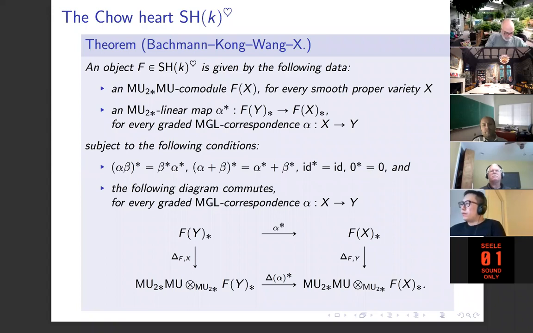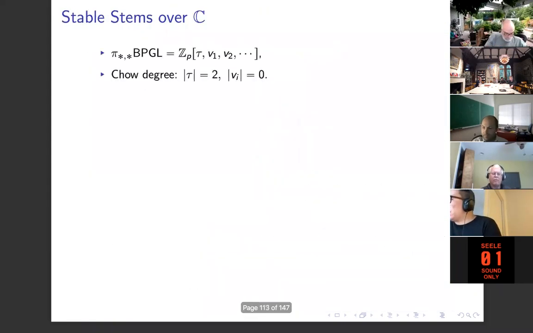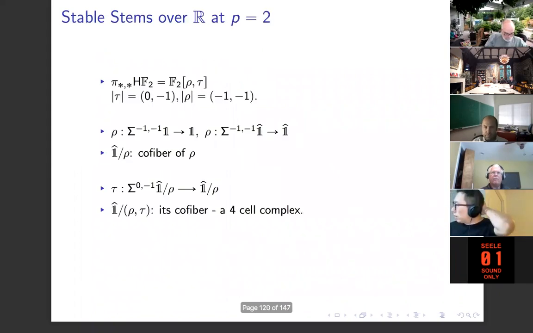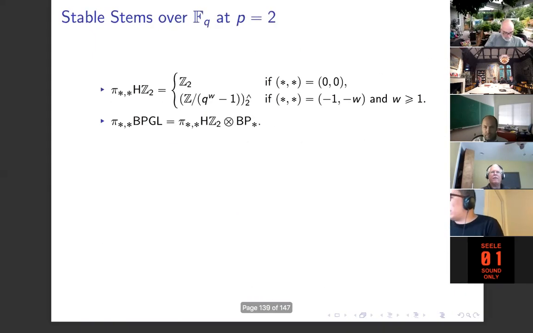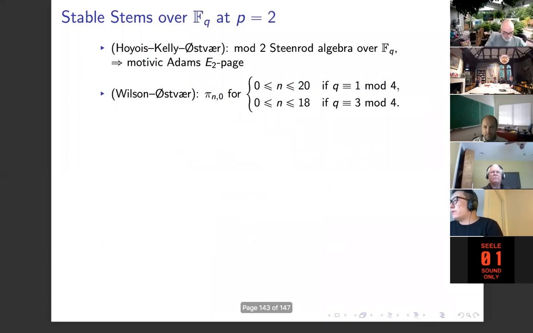Great. Thank you. May I ask a question? Julie, sorry about that issue in the 20 stem, but have you calculated pi_n of the zero line for n bigger than 20 over finite fields? Oh, that's a great question. In fact, there's some ongoing work with Robert Burklund and Tom Bachmann for weight 0 over finite fields.